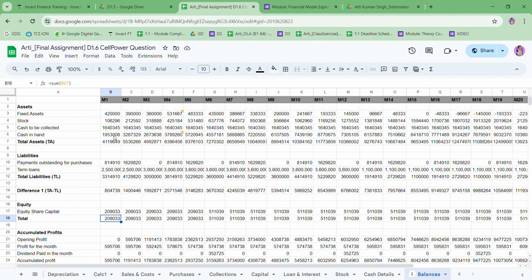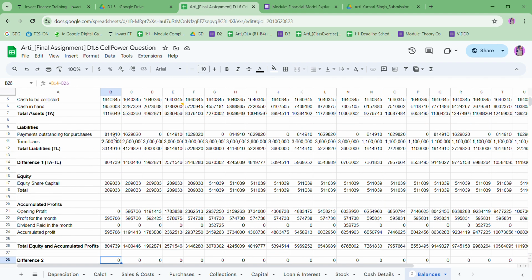And equity share capital is shown with the reference to the capital. And then we have calculated accumulated profit, in which profit for the month has been shown from the reference to the sales and cost, and dividend paid in the month also is shown.